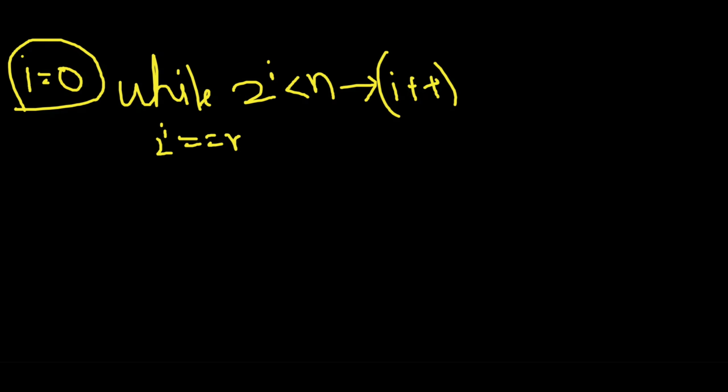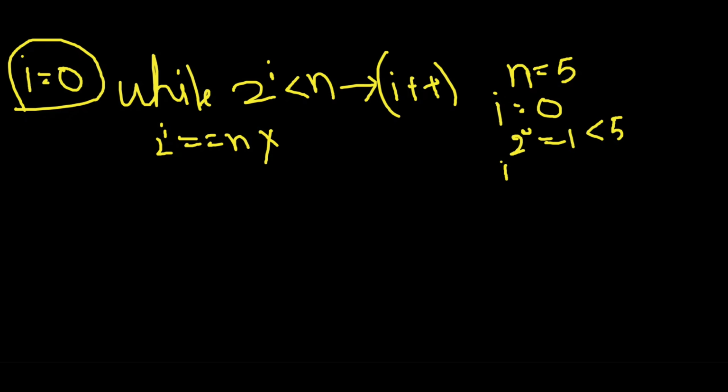Let's take an example like n equals, suppose it's 5 again. Now let's say I equals 0. It will be 2 power 0, that is 1. It is less than 5, so increment the I value by 1, that is I equals 1. Now 2 power 1 equals 2, which is less than 5, so increment I by 1, that is 2.